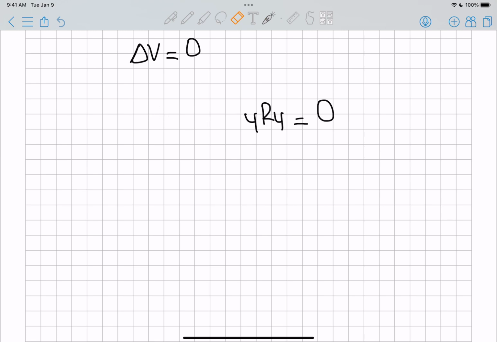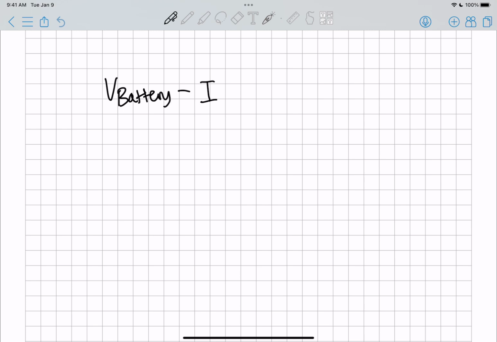Oh, hold up. Okay, so I had that written at the beginning, V battery, and then minus, and we can just pick a loop. So I had I1, R1, and then I4, R4, right?